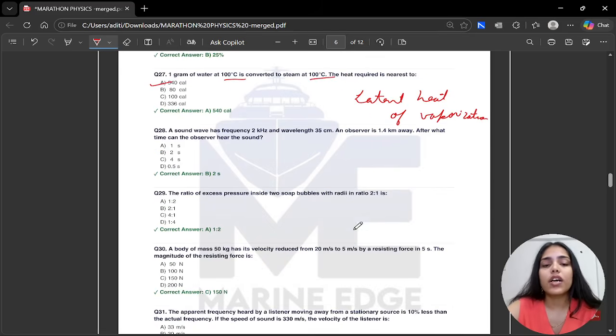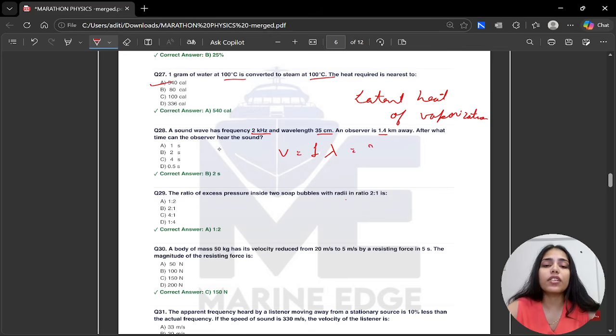Now, a sound wave has a frequency of 2 kilohertz and a wavelength of 35 centimeter. An observer is 1.4 kilometer away. After what time will the observer hear the sound? So the speed of the sound will be what? Frequency into wavelength, right?